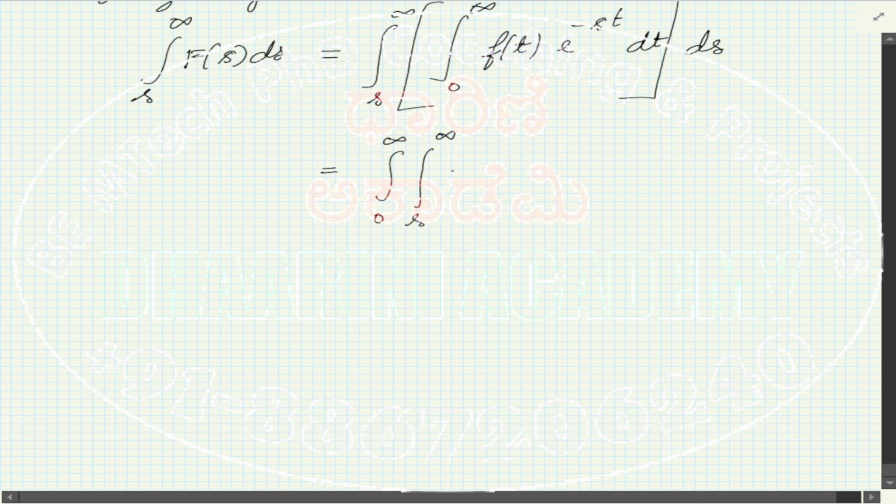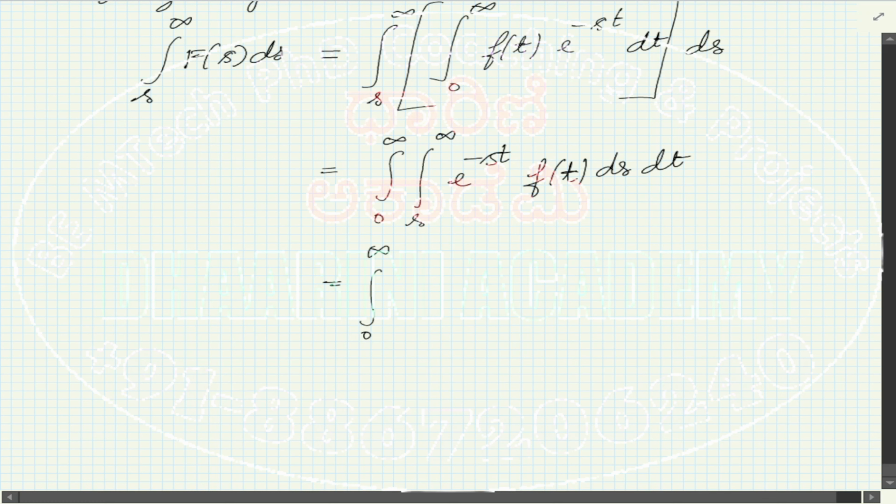So this is e to the minus st into f of t ds dt. So the inner brackets are applicable for s terms, then the outer integration is applicable for the terms containing t. That's why it is called changing the order of integration. Now, in order to solve this integral, I will keep the 0 to infinity integral as it is.